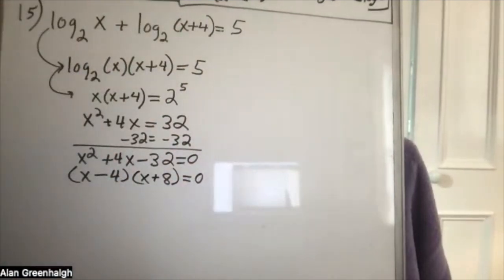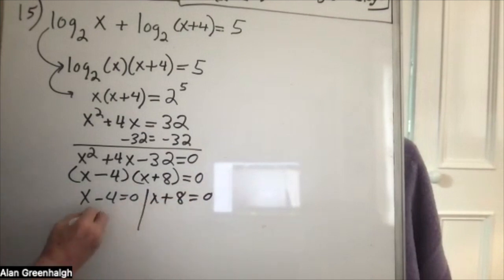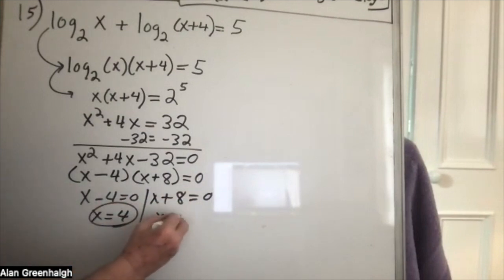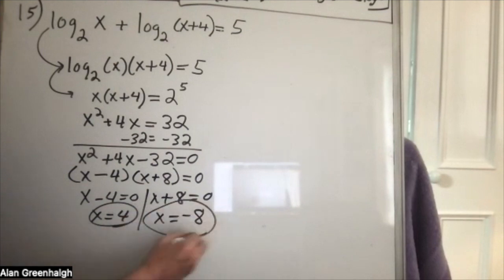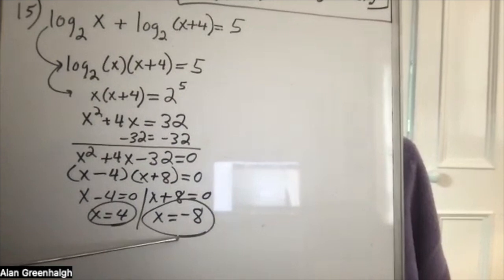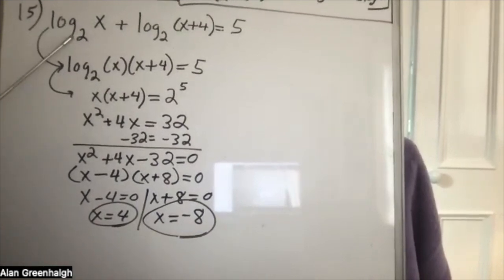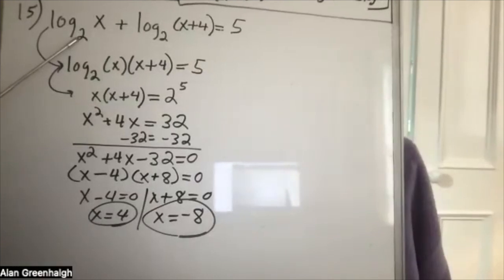Okay, so x minus 4 equals 0. We're solving a quadratic equation, and x is equal to 4, and x is equal to -8. This is the problem right here. You cannot have the logarithm going back up here of a negative number.